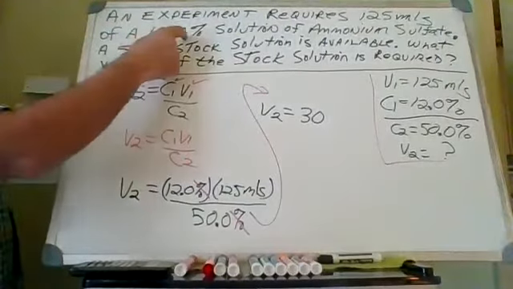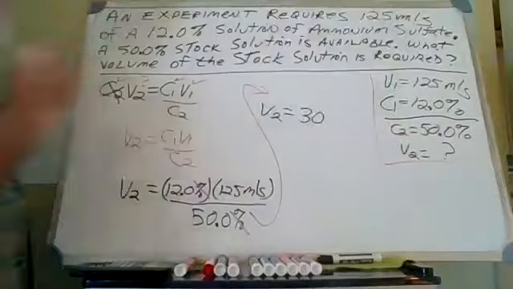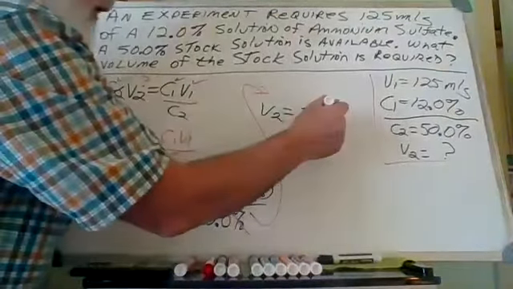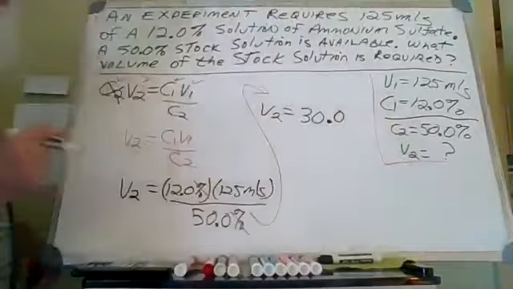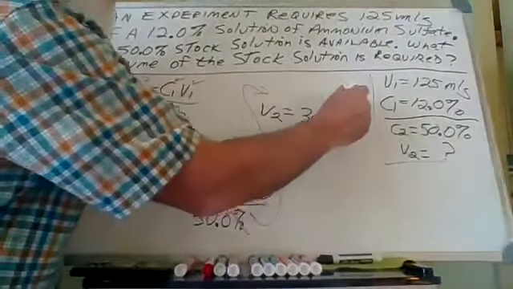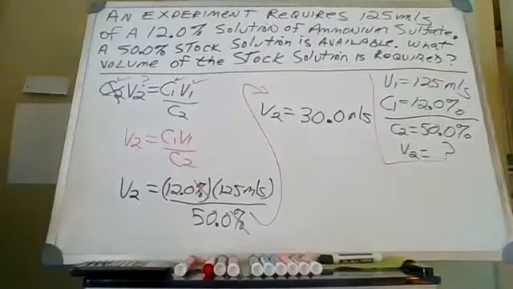But here I have 3 digits, here I have 3 digits, there I have 3 digits. So my answer should have 3 digits. How am I going to make 3? I'm going to make this 30.0 milliliters.